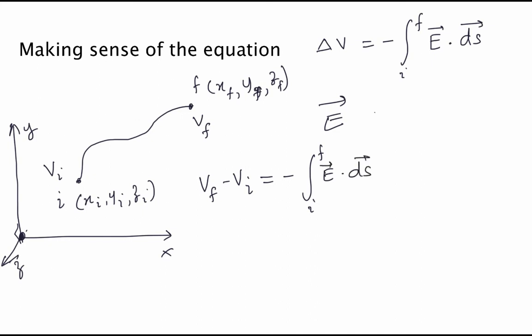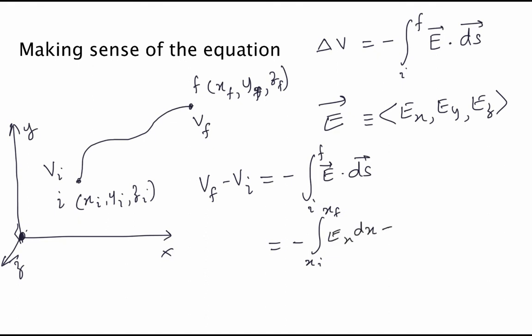Now here E is a vector and it has components in the x, y, and z directions, so I can expand the dot product: x initial to x final, Ex dx, minus y initial to y final, Ey dy, minus z initial to z final, Ez dz.